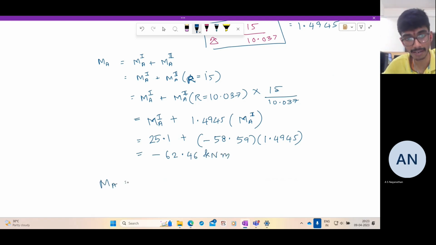So the moment at A is minus 62.46 kilonewton meter.